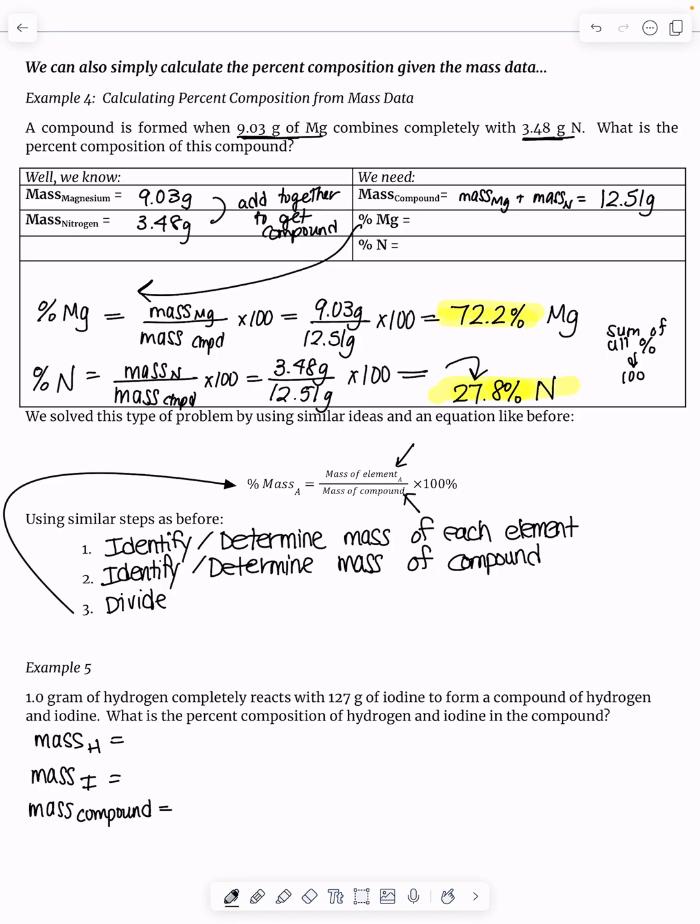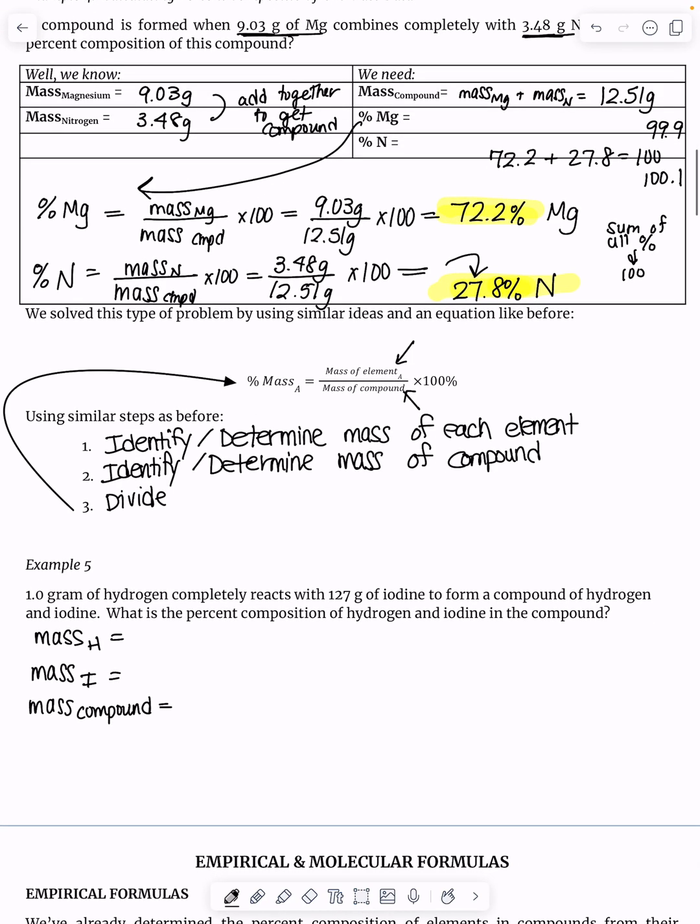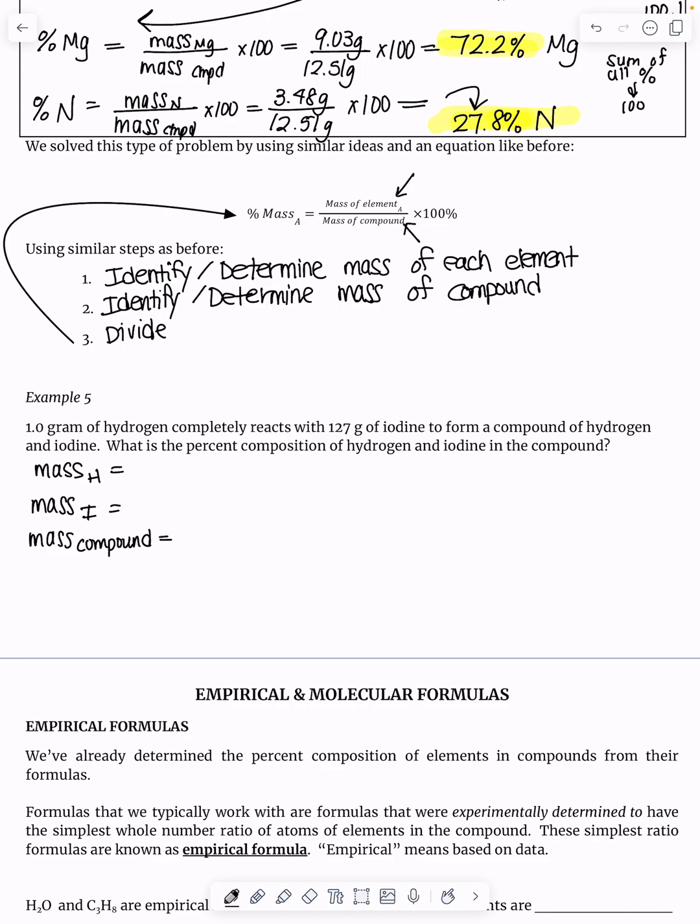And you could also check your work to make sure your percentages make sense. Make sure that the sum of the percentages adds up to about 100. 99.9 or 100.1 are also okay. That's just rounding errors. But make sure the sum of your percentages adds up to 100 or you did something wrong.